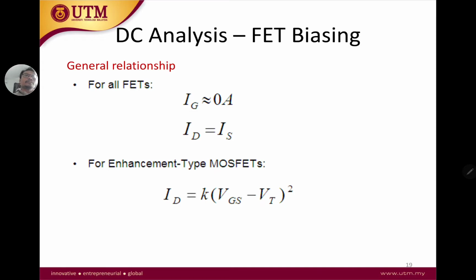Okay, so some important concept to be aware of and to know is that your gate current is always 0 amps. Okay, so essentially we can say that there is an infinite resistance on the gate. Okay, no current flows through the gate.